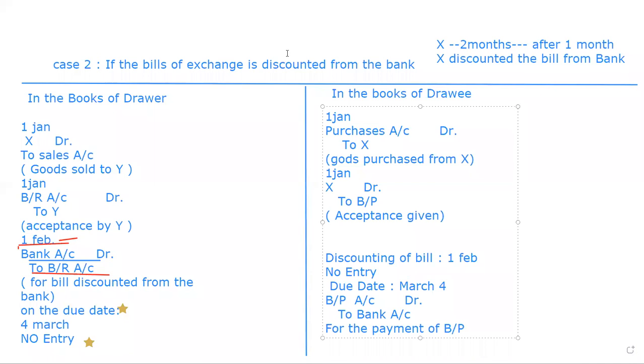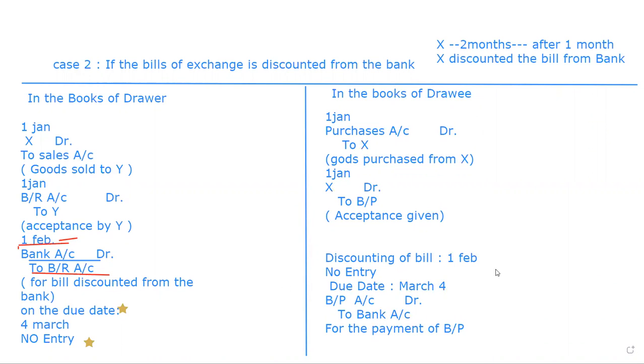Now, let's discuss once again how it is to be done. First of all, the first entry is to be done in the books of drawer. 1st January purchases to X, then on 1st January the bill is accepted by Y, the entry will become X account debit to BP.